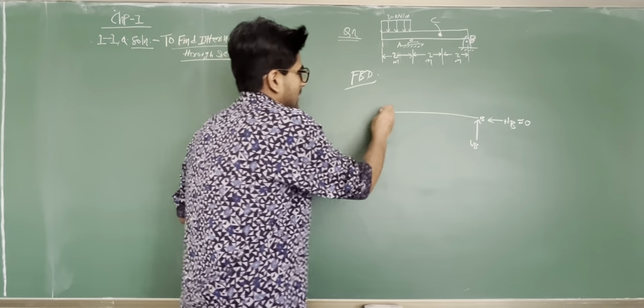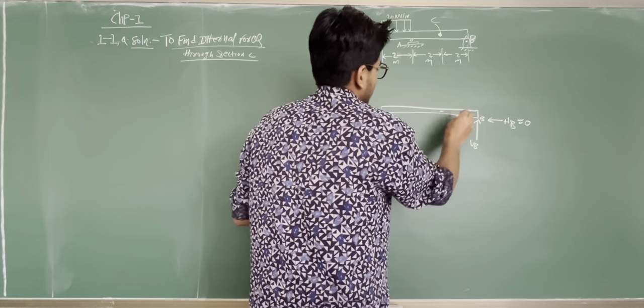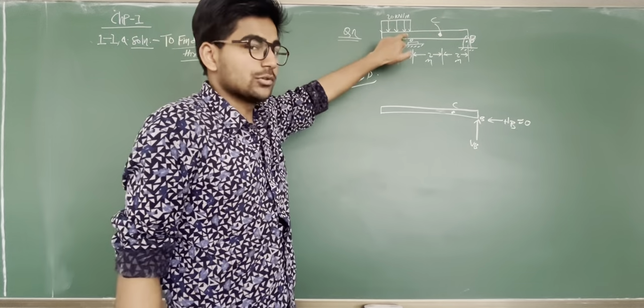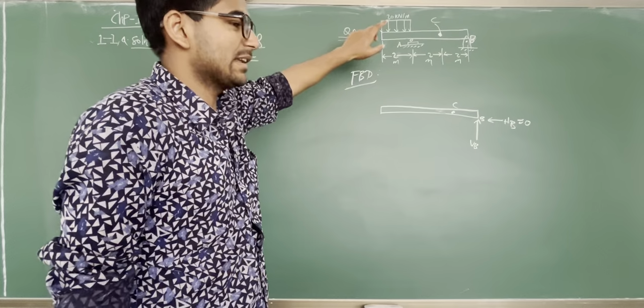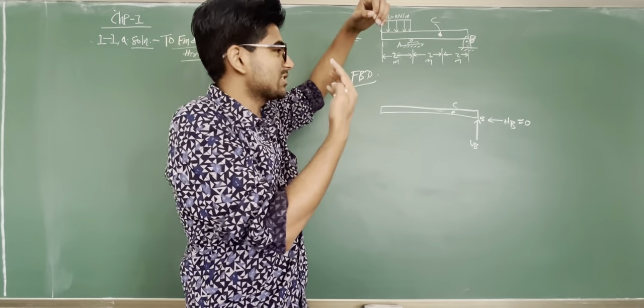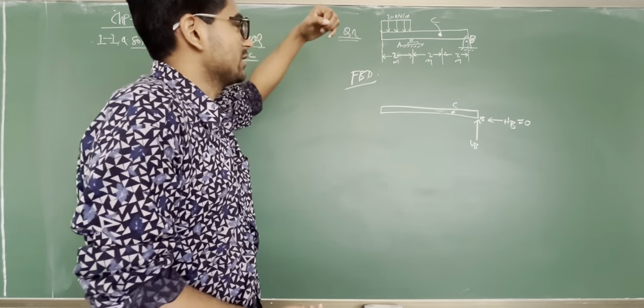And we have a beam like this. This is a roller support, so it can't move vertically. It is restricted from moving vertically.